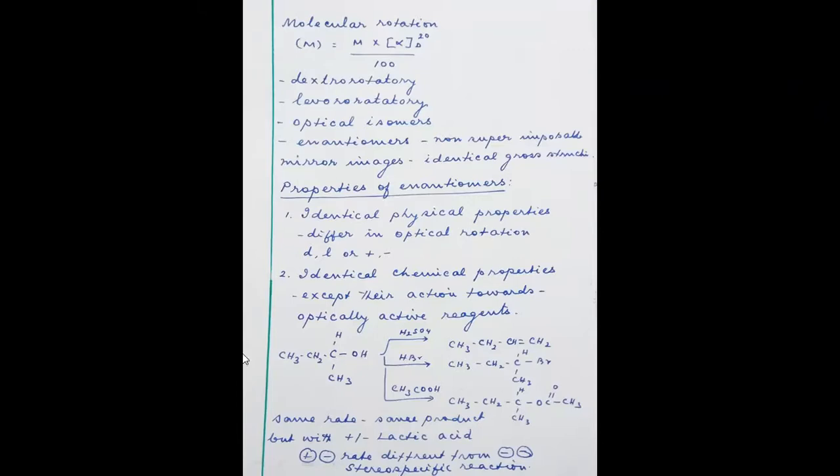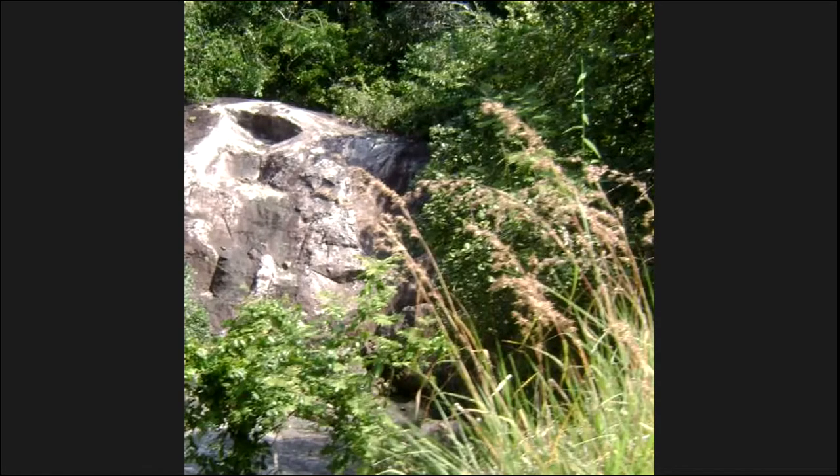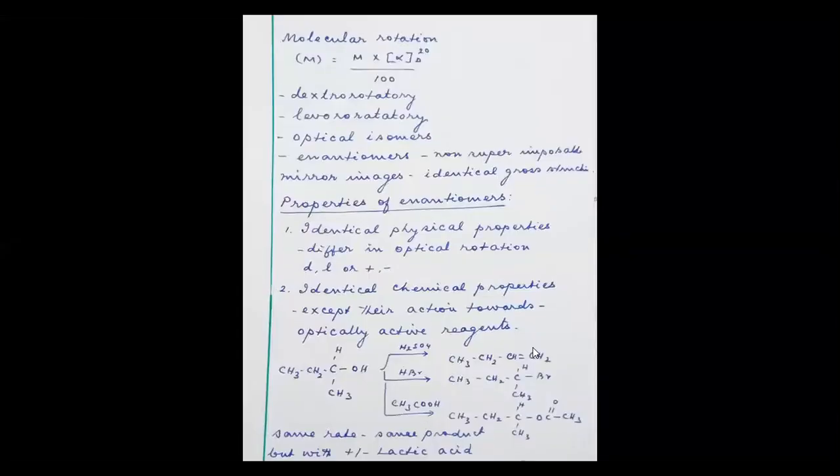You look at this molecule. This is butyl alcohol, secondary butyl alcohol. When the secondary butyl alcohol is treated with sulfuric acid, which is a dehydrating agent, it takes off this OH group, and then this OH and H are removed and you get butene, 1-butene.